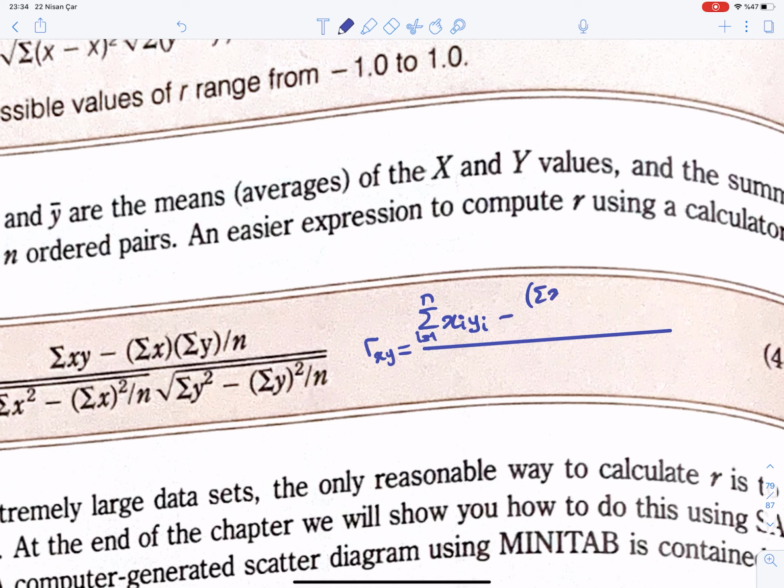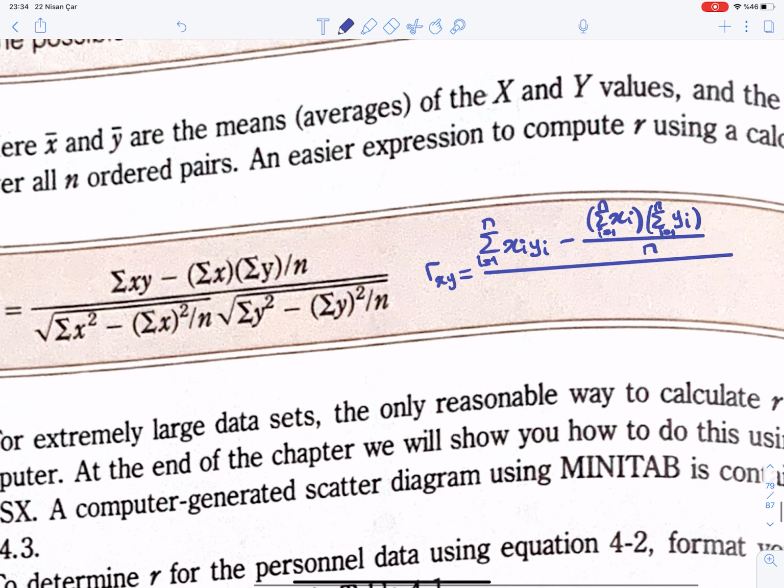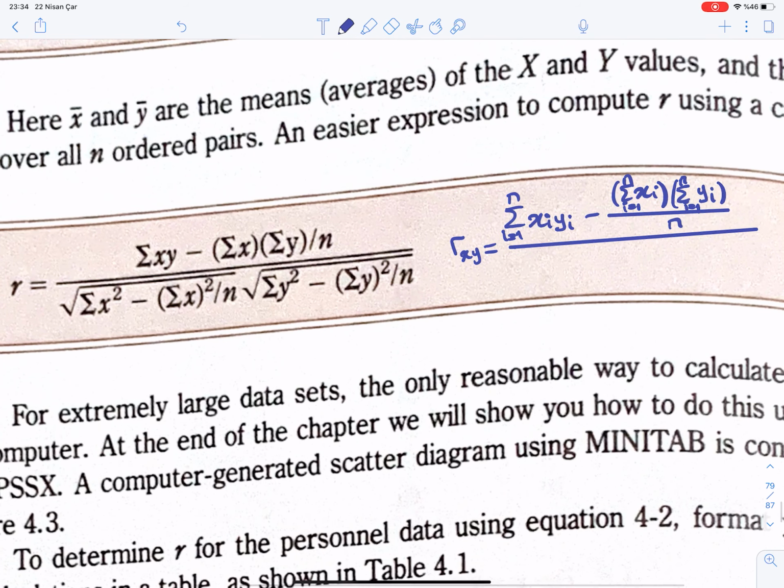The sum of xi, i from 1 to n, times the sum from 1 to n of yi, divided by n. This is the way I prefer to write this formula, but the one within the book is not incorrect. It is correct as well.